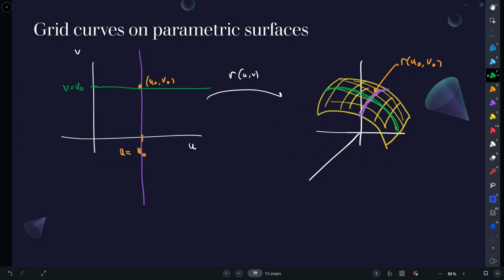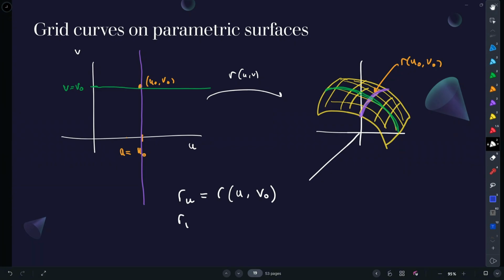And we're going to use these to find tangent planes to the surfaces. Given a parametric surface, we're going to be able to find tangent planes because we already know how to find the tangent vector to a parametric curve. So let me first give you r_u, the curve that you get if I let u run for a fixed v naught, okay?